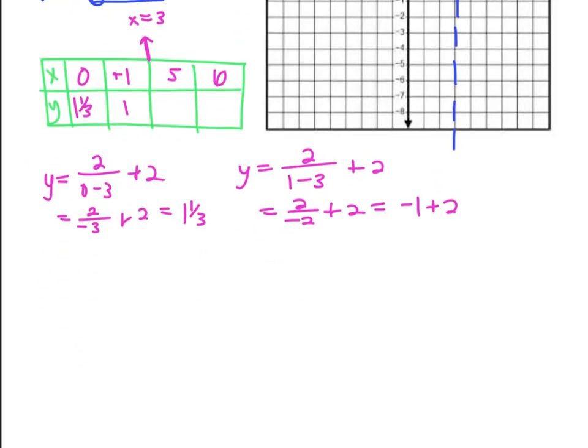So if we plug in a 5, y equals 2 over 5 minus 3, plus 2. 5 minus 3 is 2. 2 divided by 2 is 1, so we get a 3.